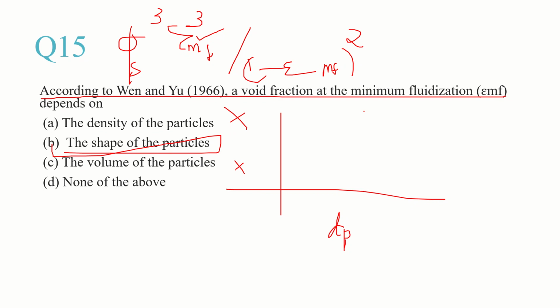It also depends on the size of the particles, that is a different thing. So in general, according to Wen and Yu, to calculate the void fraction, it depends on the shape of the particle, which is given here by the sphericity of the particles. So that is the answer, option B. Option B here is the right answer.